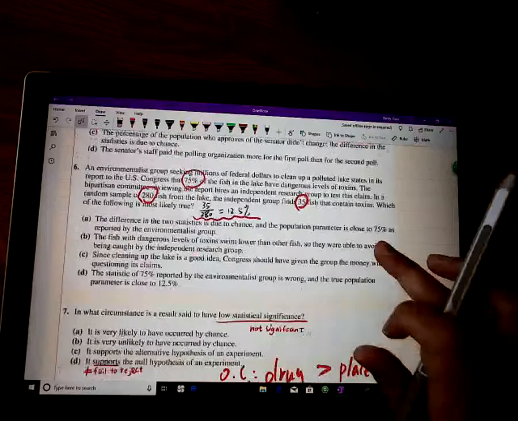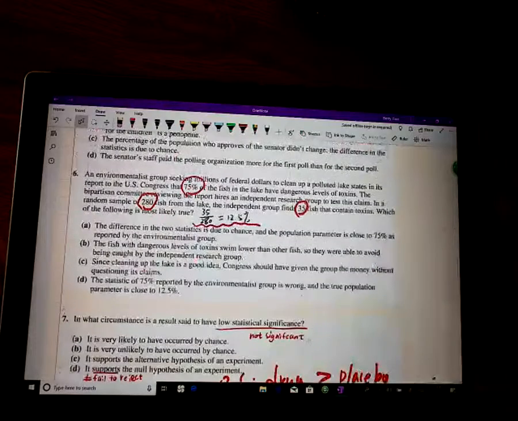Number 6, an environmentalist group seeking millions of federal dollars to clean up a polluted lake states in its report to the U.S. Congress that 75% of the fish in the lake have dangerous levels of toxins.